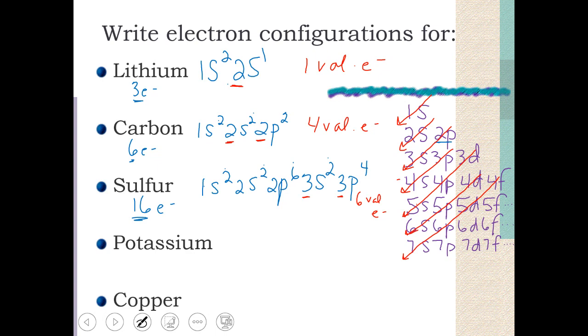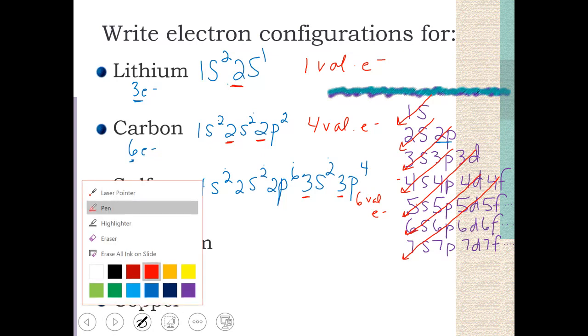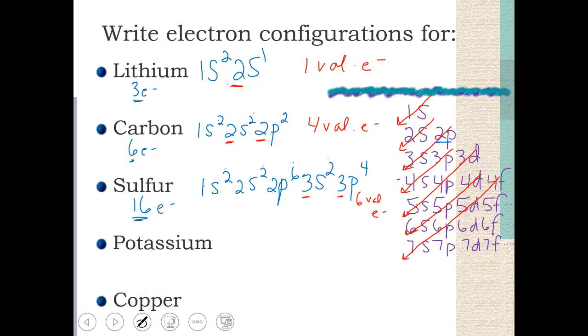So let's write the configuration for potassium, and then we'll do copper, and we'll compare these to the periodic table. So potassium has 19 electrons.